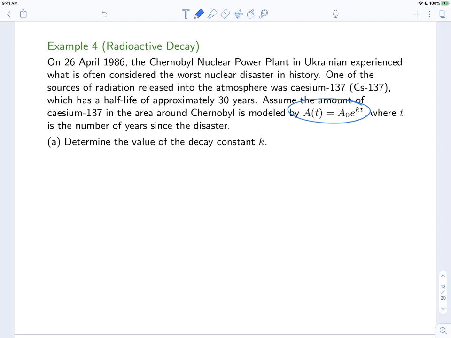So based on the information that we have, we want to determine the value of what we call the decay constant k. Okay, so what do we know about this? One thing that we don't know is the value of A0. We're not given that information.